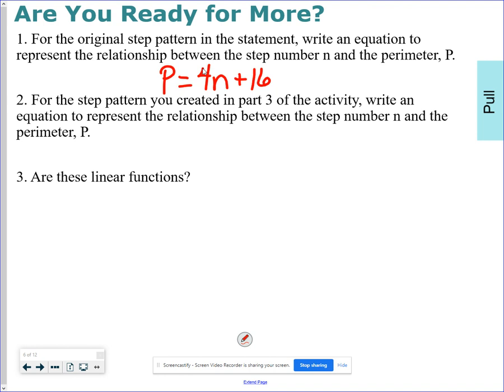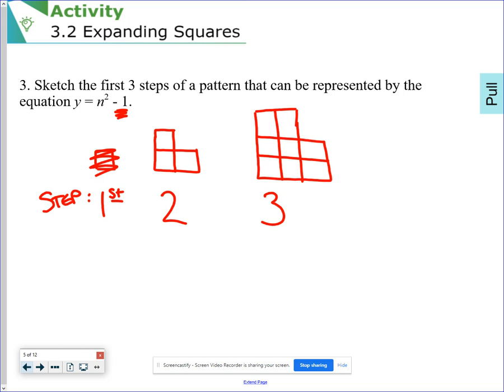We're just working on building these equations, finding the patterns so that we can represent them as an equation. Okay, so now this says for the step pattern that you created in part 3 of the activity, part 3 was the one with the square minus 1. That's this one.